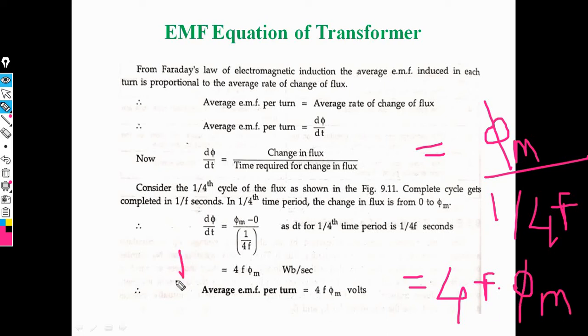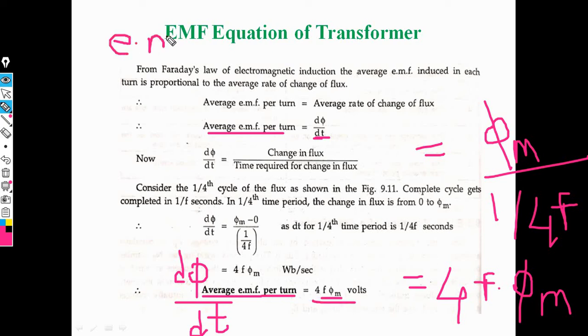Here f means frequency and phi m means the maximum flux. Since d phi by dt is the average EMF per turn, the average EMF per turn is equal to 4f phi m. The EMF unit is measured in volts.